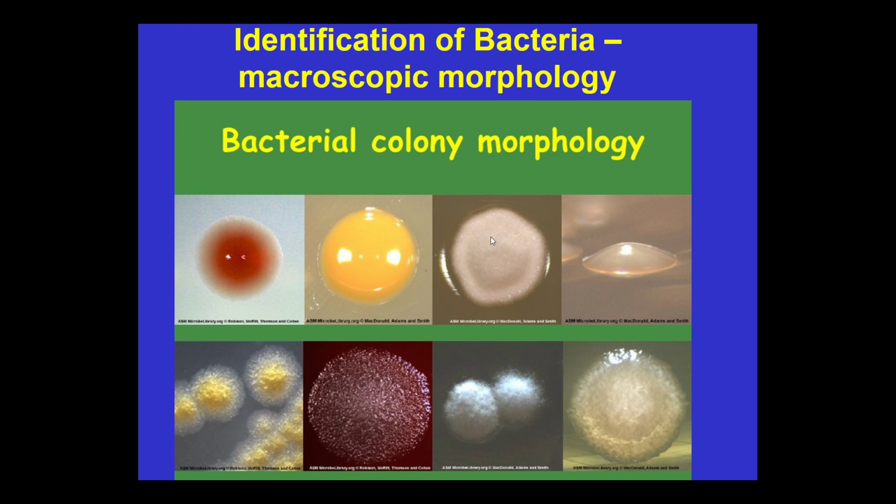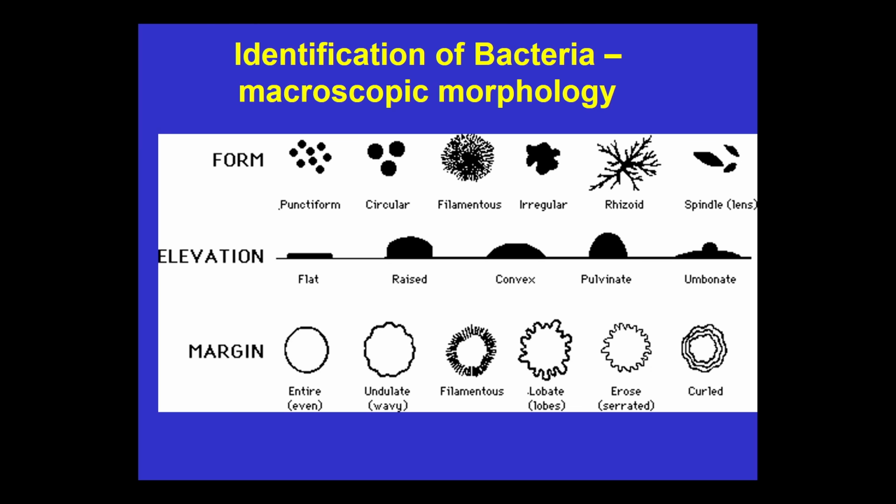Then we can see the cultural characteristics of bacteria, that is, bacterial colony morphology. That is how the bacterial colonies may appear, and that we see by eye. And then we may see some of the characteristics of these colonies. They can be flat or raised.